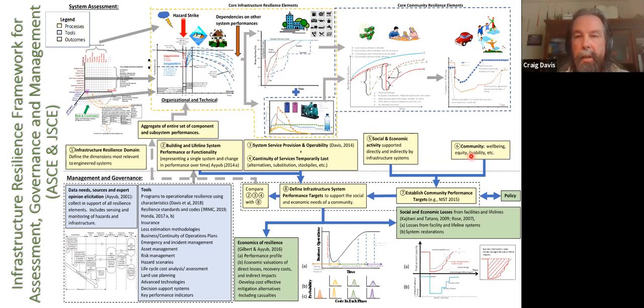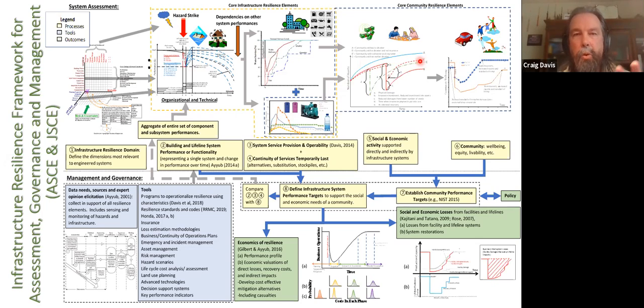So here, elements 2, 3, and 4 together represent the core infrastructure resilience elements, and elements 4, 5, and 6 represent the core community resilience elements.